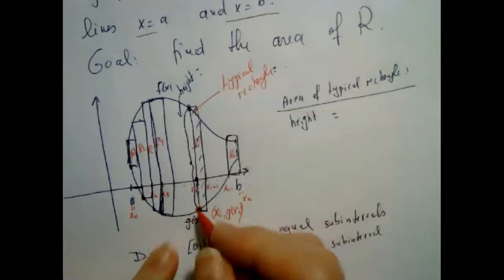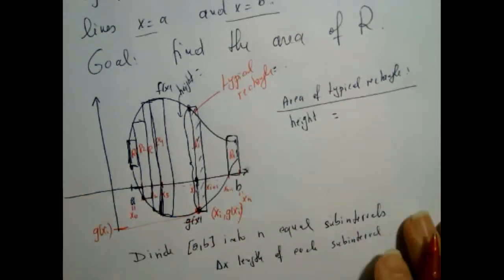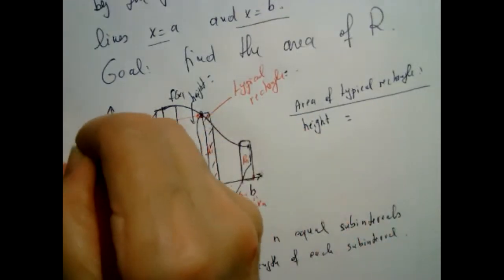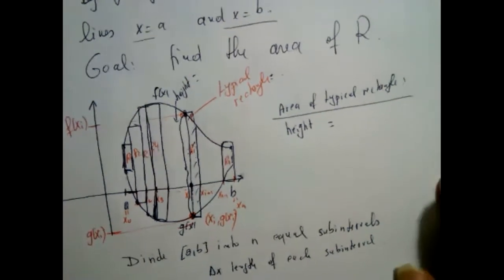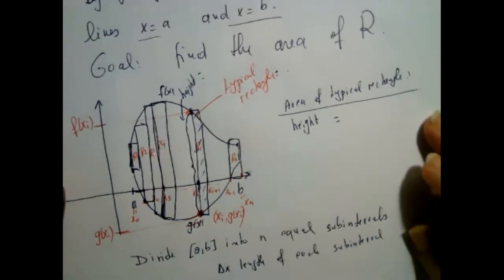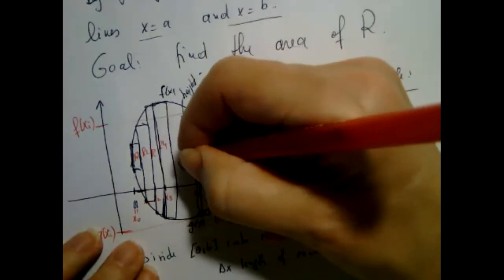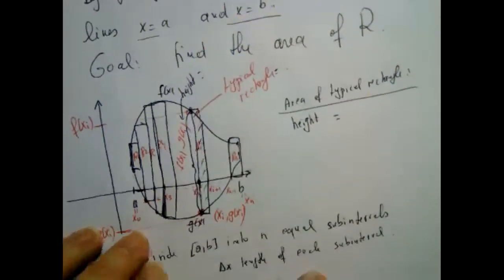And what's the point up here? So this right here is g of xi. This point here is f of xi. I'm focusing on one rectangle that I'm going to call the typical rectangle. So the length is going to be f of xi, the height, sorry, minus g of xi.